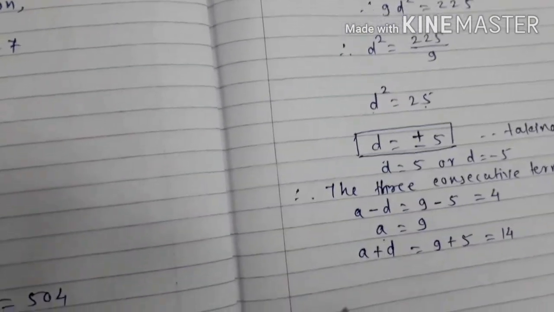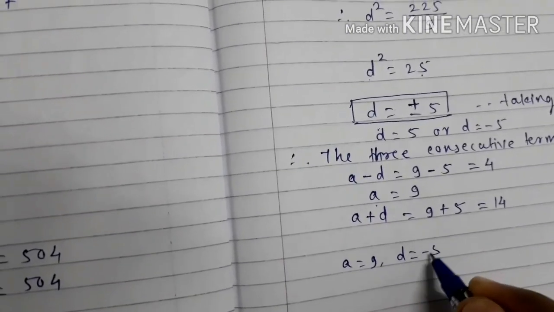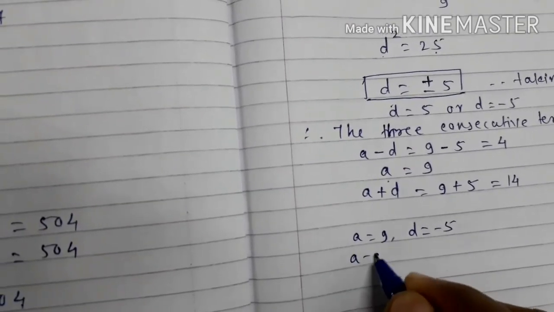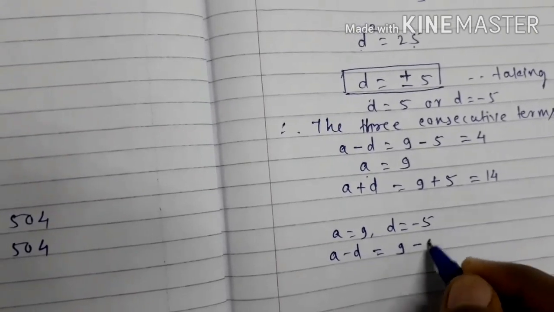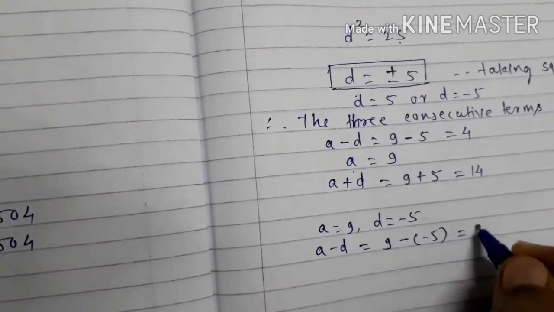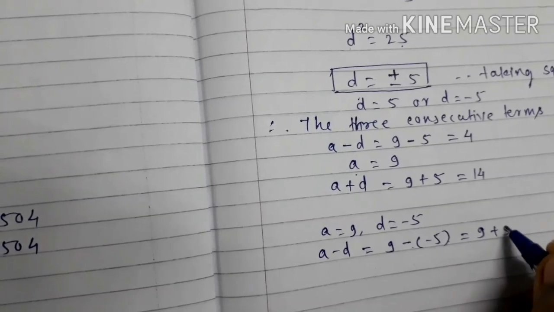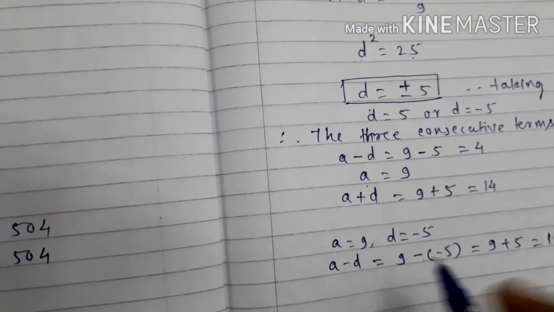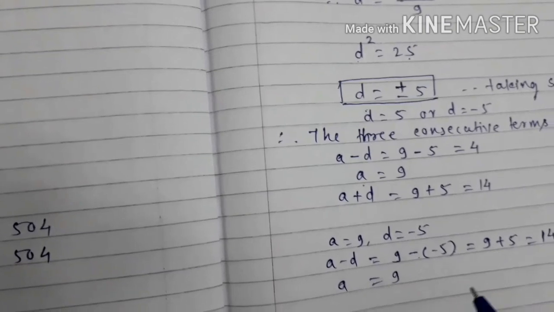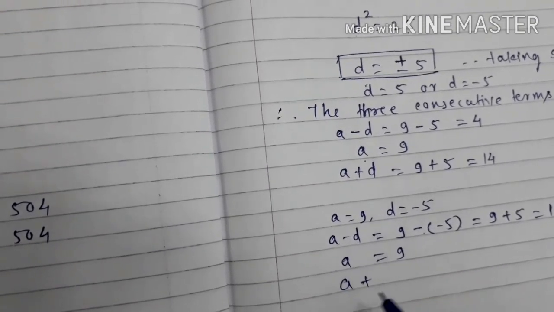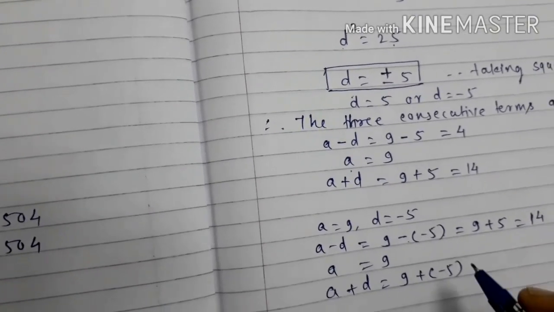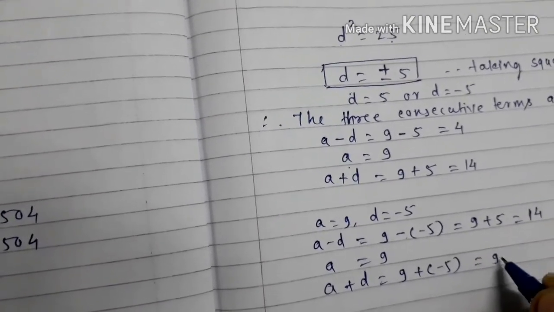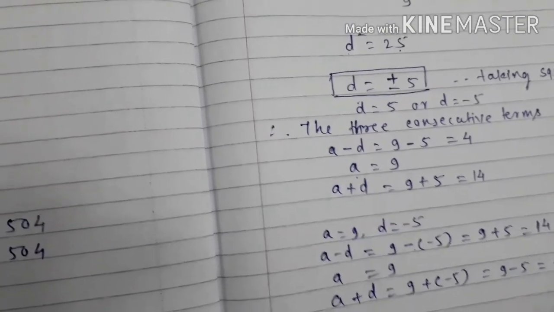14. Again take a is equal to 9 and d is equal to minus 5, so first term a minus d, a is 9, d is minus 5, so 9 minus minus 5 gets plus, is equal to 14, second term a is equal to 9, third term a plus d, so a is equal to 9 plus minus 5, so 9 minus 5 is equal to 4.